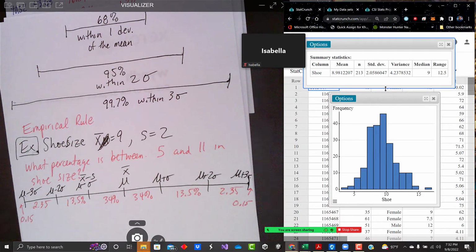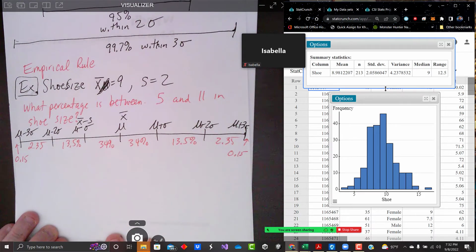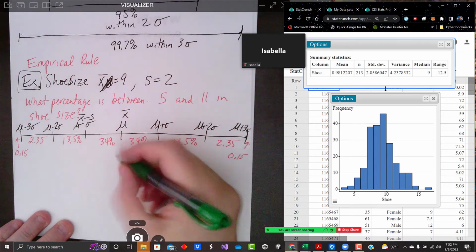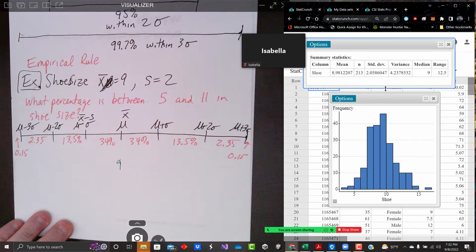So how does this apply to the question they gave me? My shoe size mean is right here. It's a 9. And if I know the values, I'm just going to fill in the table because they usually ask more than one question.